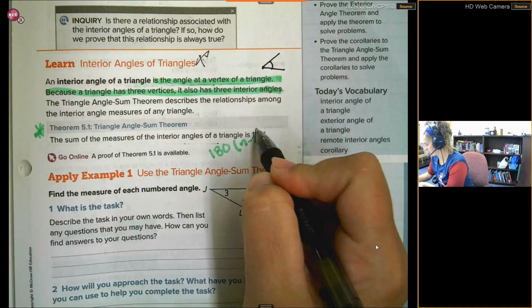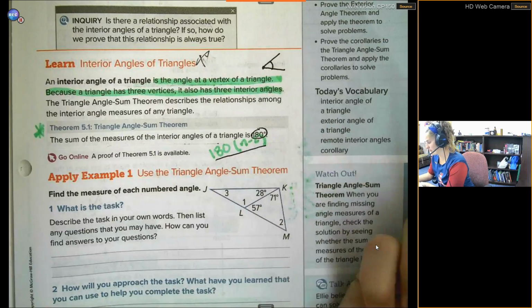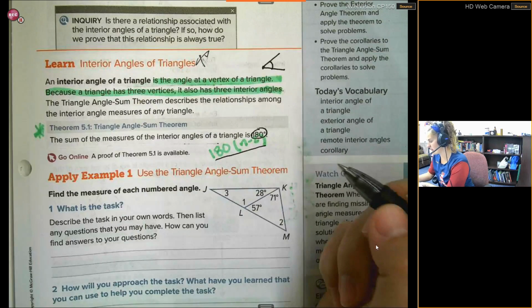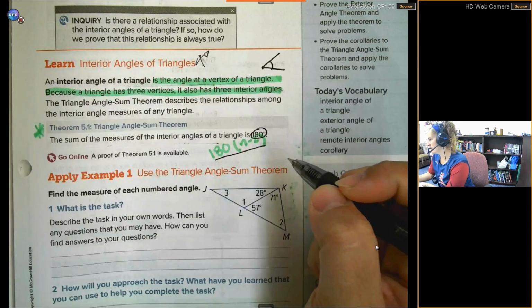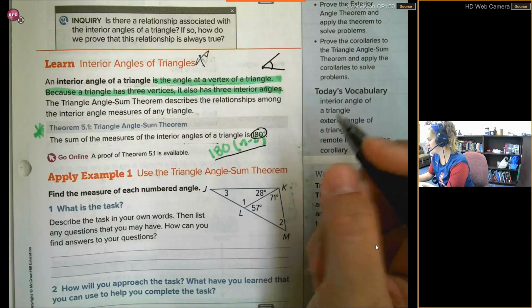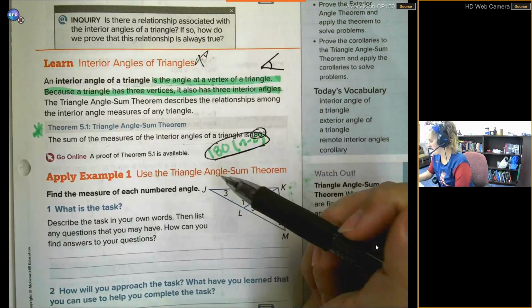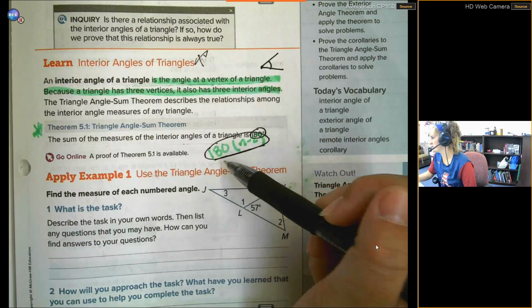Okay, and then it tells us that the sum of the measure of interior angles of a triangle has to add up to 180 degrees. And right there, I actually put the formula for interior angles. So if you have a regular shape, any shape is going to be n minus 2 times 180.